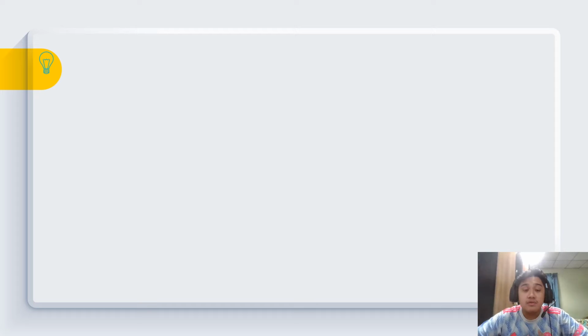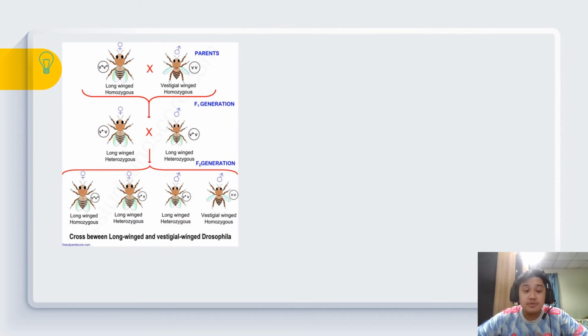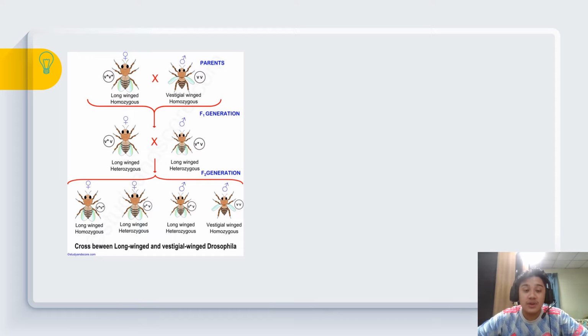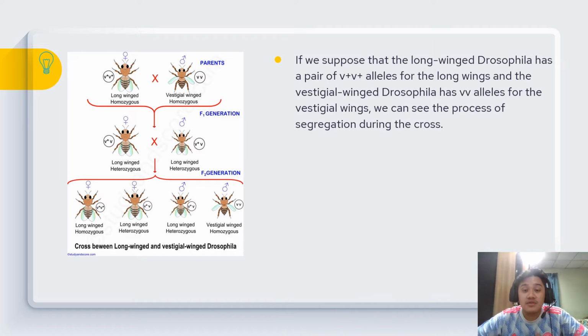Now, we move on to the process of segregation during the cross between long-wing and vestigial-wing Drosophila. We suppose the long-wing Drosophila has a pair of V plus alleles, and the vestigial-wing Drosophila has a pair of v alleles.